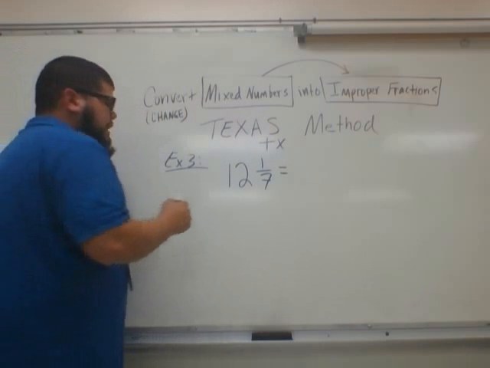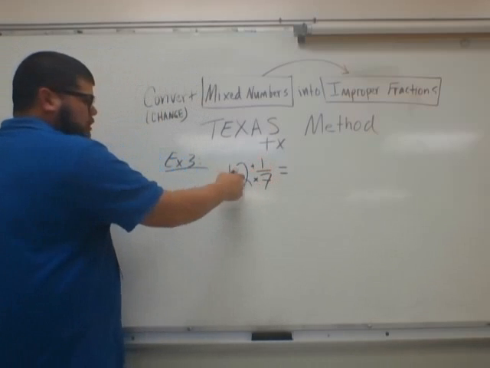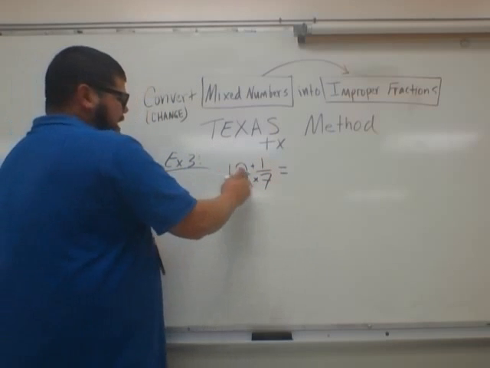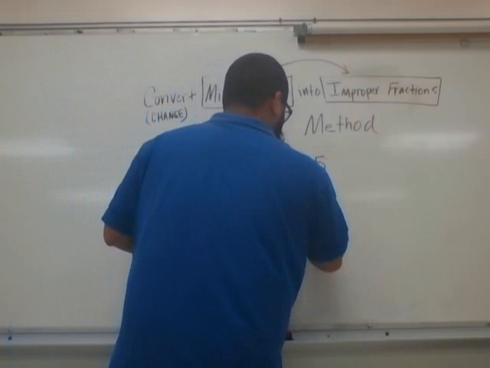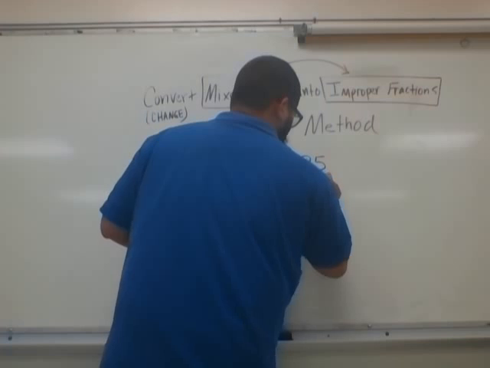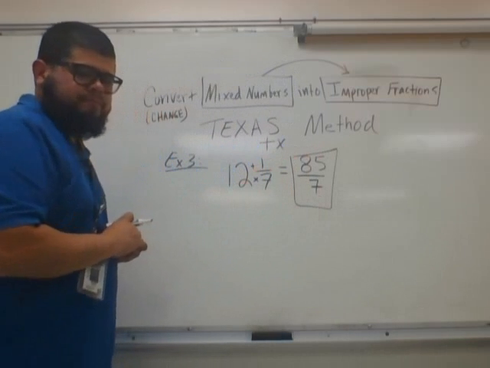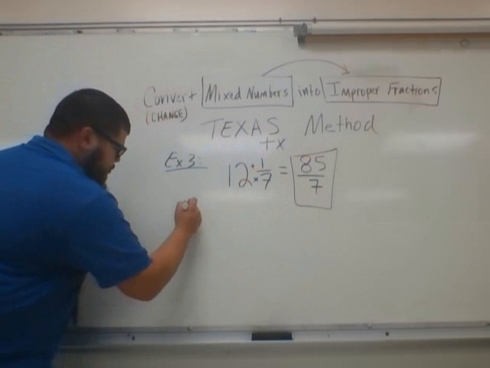Okay, so again, Texas method, TX. 12 times 7 is 84. 84 plus 1 is 85. All over the original denominator, which is 7. Again, as we start going through these, you're going to get a lot better at it. Okay? Example 4.